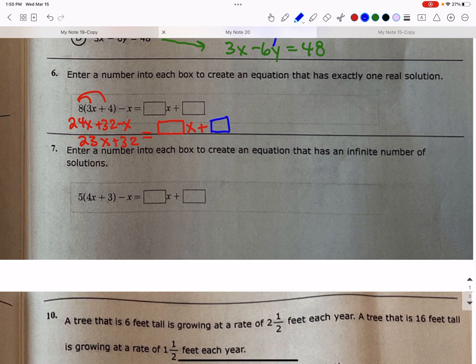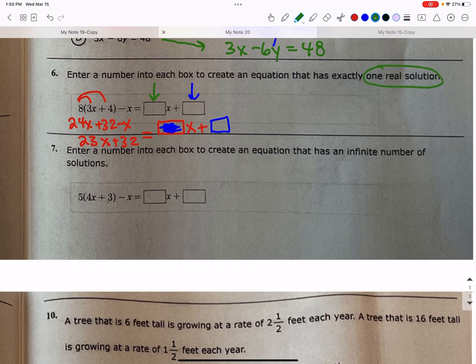If you said it has to be 23, you're absolutely wrong. If you put the same amount of x's, this is either going to be infinity or no solution.